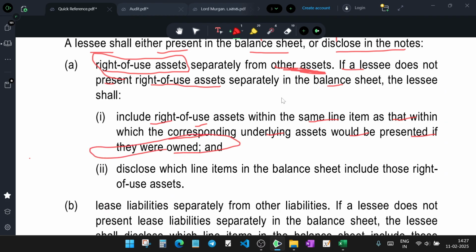So the right of use of asset should be under the corresponding underlying asset, as if it were owned by them. Second, disclose the line item in the balance sheet that includes those right of use assets. What are the right of use assets that we have, for how long, whether financial or operating, everything is to be said.